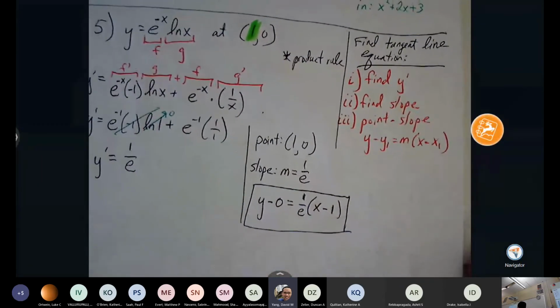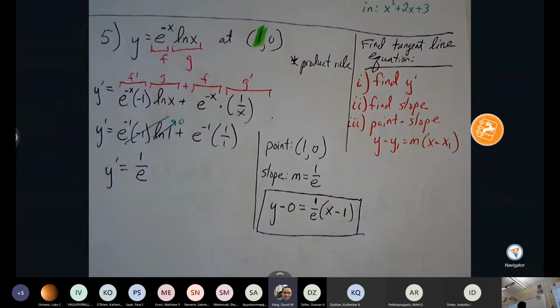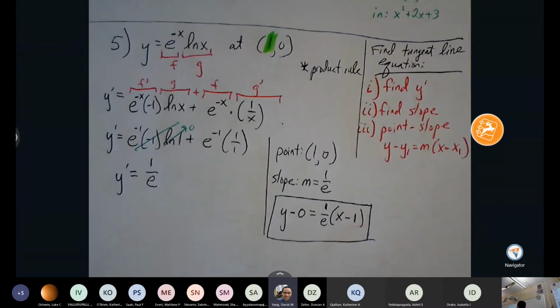Maybe some of you are used to slope intercept form, but point slope form is good enough. So we'll leave it in that form. Any questions? We're adding more elements to it right now. Instead of just finding a derivative, I'm asking for the tangent line equation, continuing to build our problem into more and more steps.